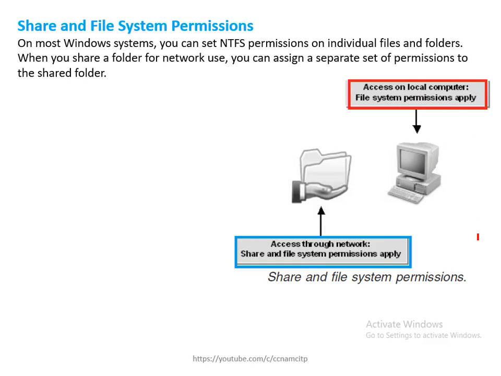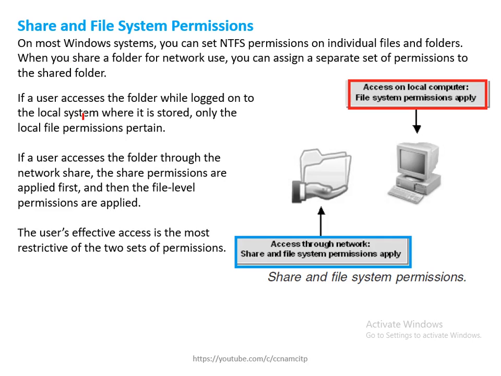So whatever permission we have given to that user who is logged into that computer, those permissions will apply to that user. Now if that user is trying to access through the network, whatever permission we have given for that user on that particular resource will be applied at the time of accessing from the remote. That is the concept of share and file system permissions.